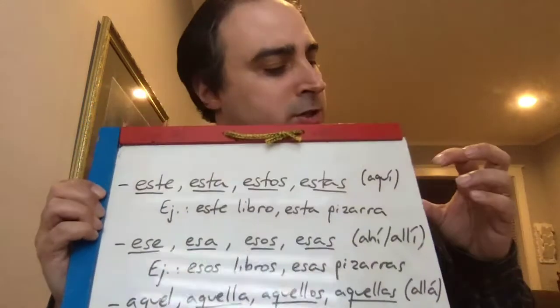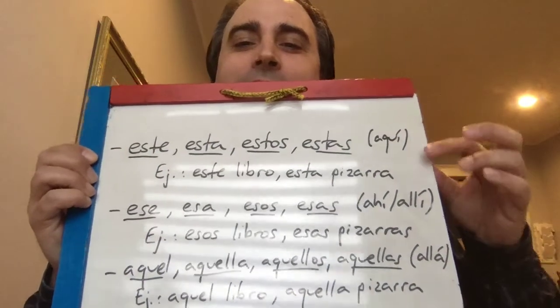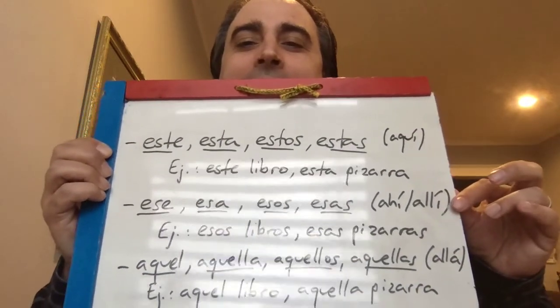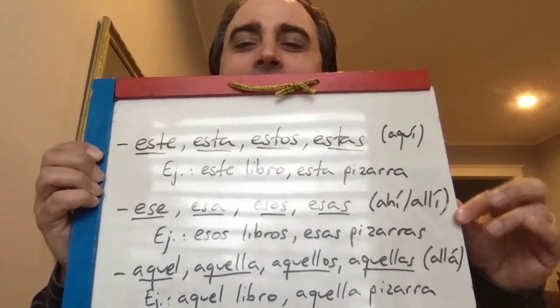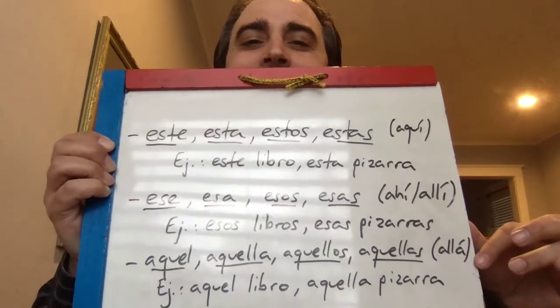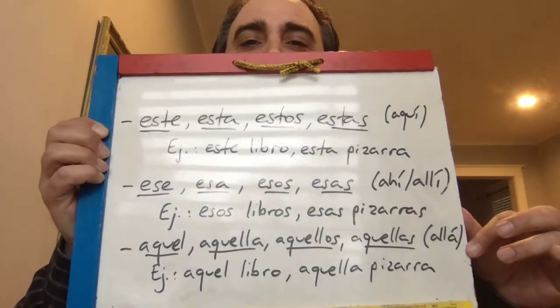Again, the words are aquí, ahí o allí, allá. That'll give you a hint in the sentence to know if you need to use one demonstrative adjective, another demonstrative adjective, or the third type of demonstrative adjective.